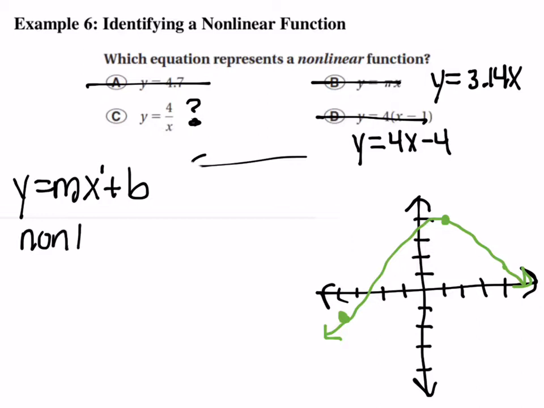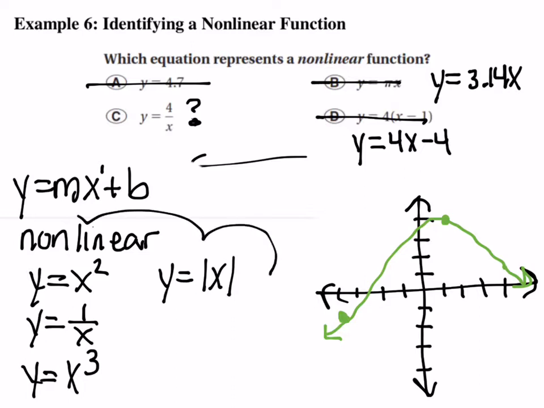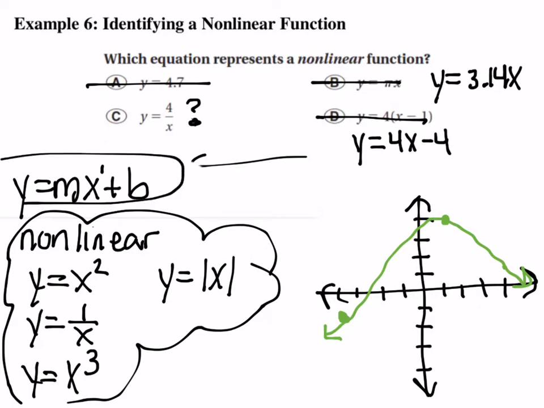So things that are nonlinear would be things like y equals x squared, y equals 1 over x, y equals x cubed, y equals the absolute value of x, things like that. So if you ever see any of these, you know right off the bat that they are in a different function family. They do not fit this linear function template. These are different templates along the way.